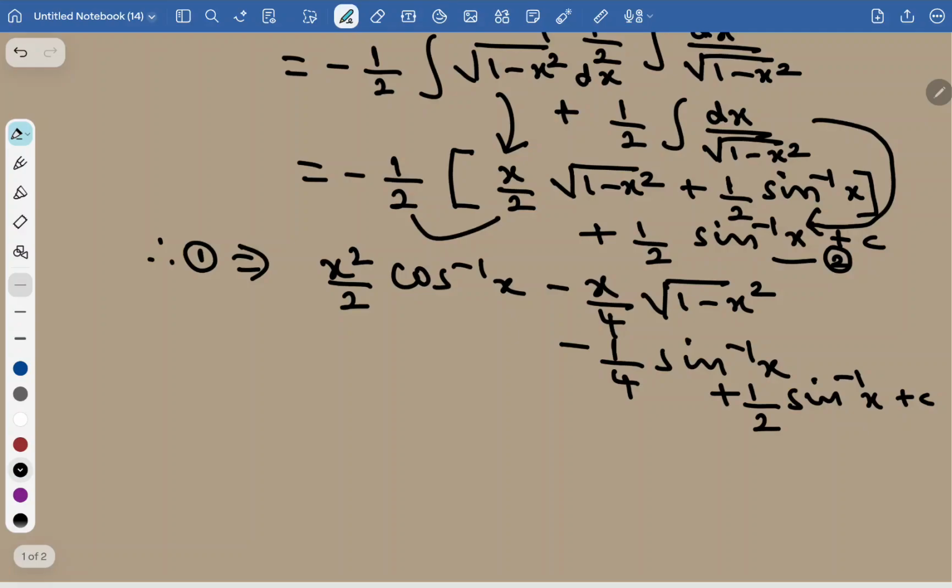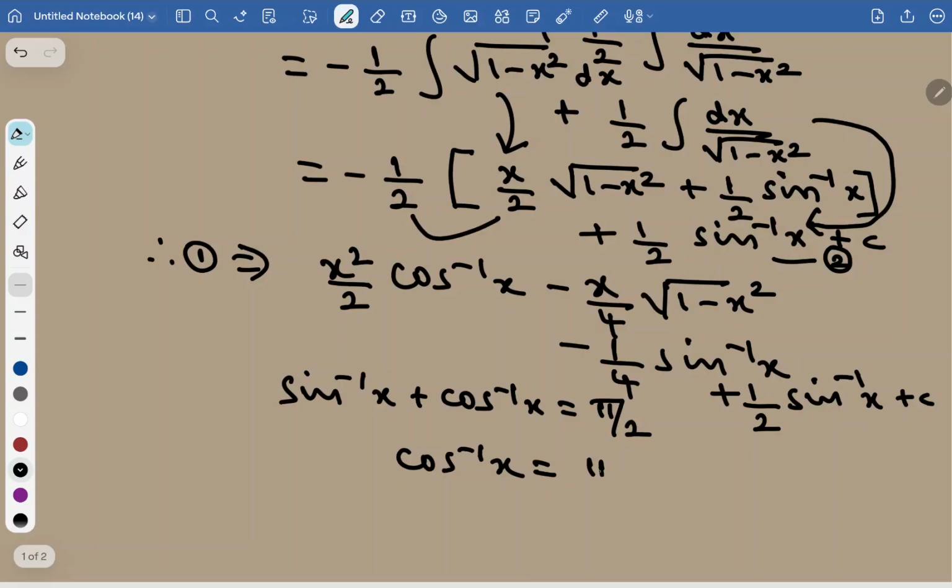To simplify further, we know very well sine inverse of x plus cos inverse of x is pi by 2. What is sine inverse of x? Pi by 2 minus cos inverse of x.